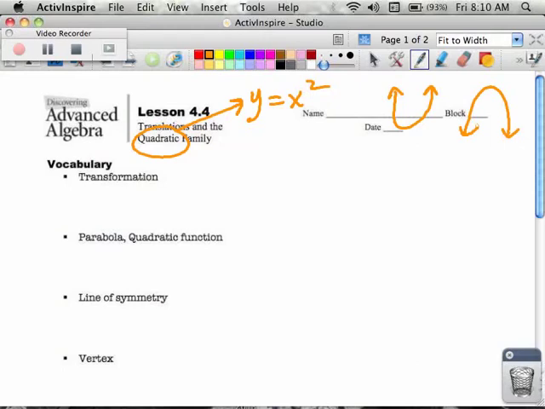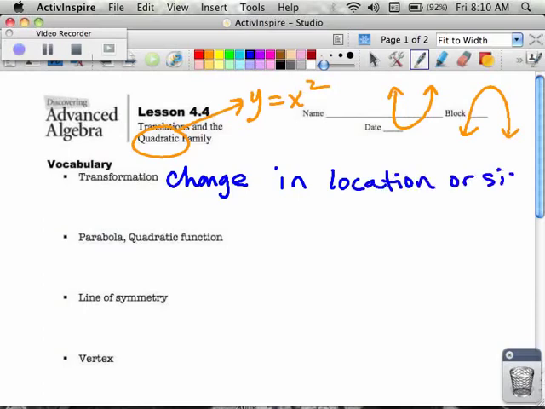So first of all, a transformation is a change in location or size of some type of graph.